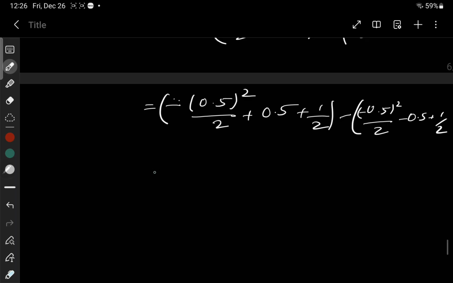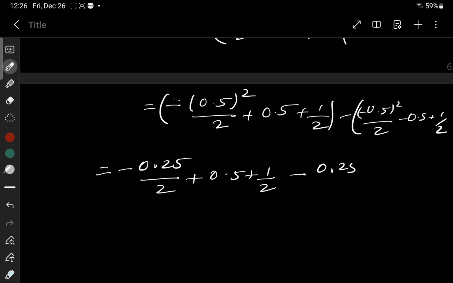On calculation, 0.5 squared is 0.25, since 5 fives are 25, and after 2 decimals we keep the point. So minus 0.25 by 2 plus 0.5 plus 1 by 2, minus, again this is positive, 0.25 by 2, minus into minus plus 0.5, but minus 1 by 2. So plus 1 by 2 minus 1 by 2 cancel. Here 2 is the LCM.